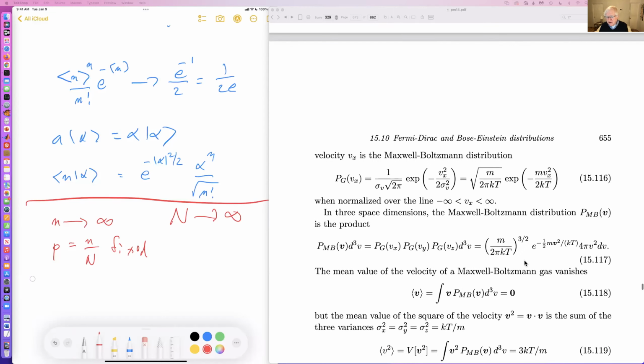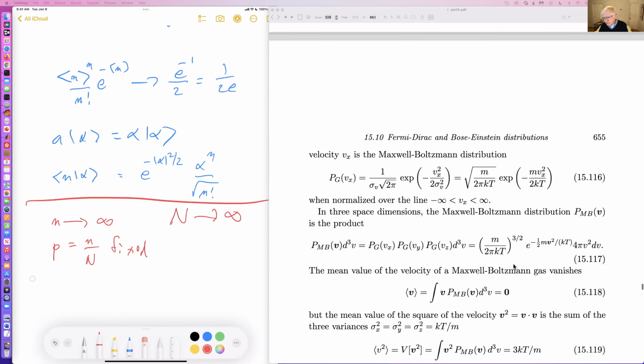And then if we go to 3 dimensions, we just basically cube this thing, and multiplying by dv cubed, we get 4 pi v squared dv e to the minus a half mv squared over kT. So this is just the kinetic energy divided by kT. And then we have a normalization factor, so that the integral over all velocities is unity.